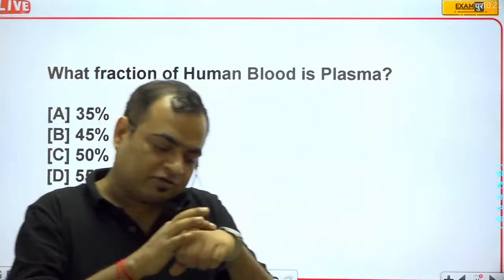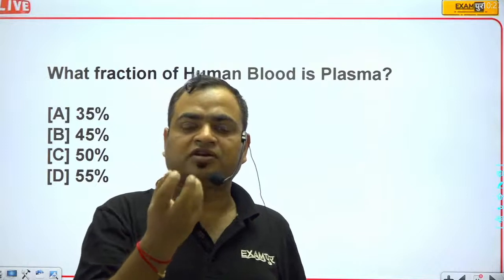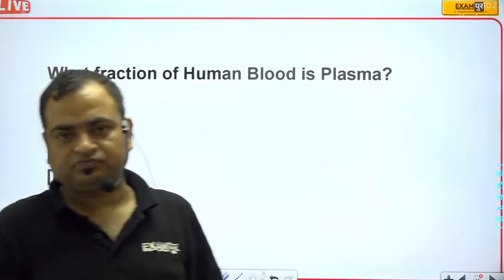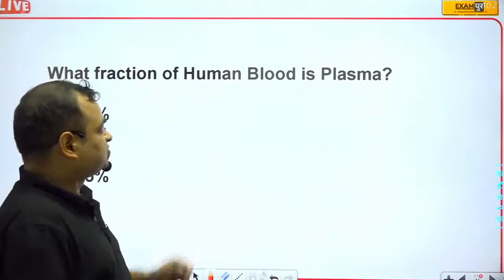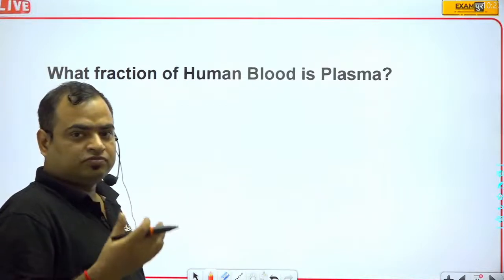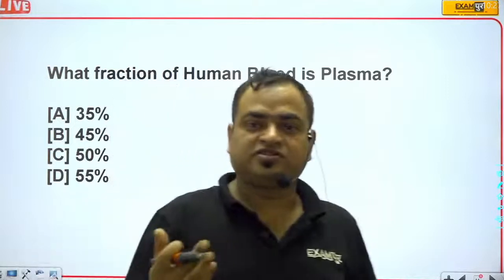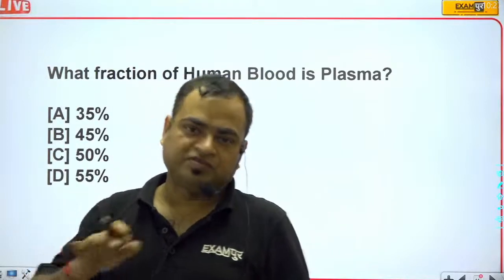Around the clot there is a yellow colored transparent material, that is known as the plasma.